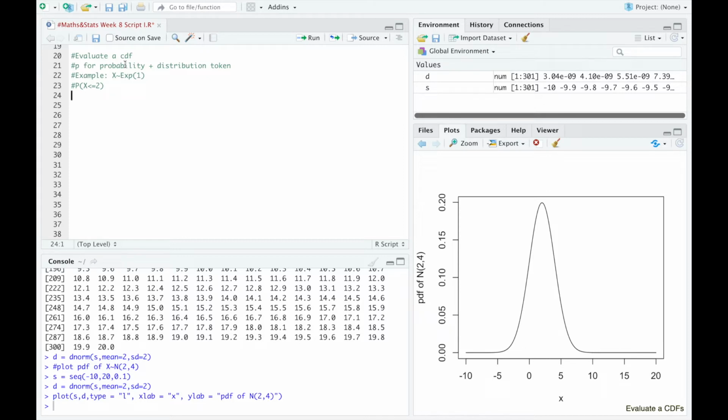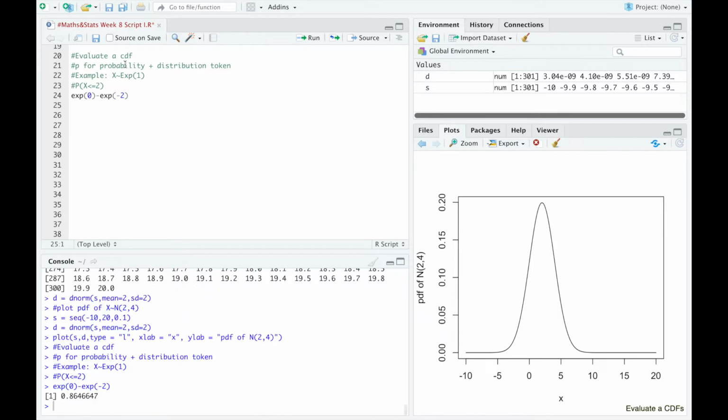So if you integrate the exponential of minus x, you get minus the exponential of minus x. And you'd have to calculate it from 0 to 2. That will lead to exponential of 0 minus the exponential of minus 2. So this is the CDF of the exponential evaluated at 2. 0.864667.